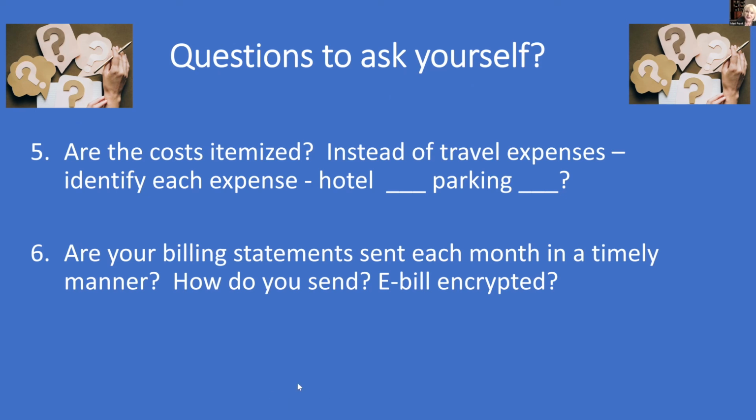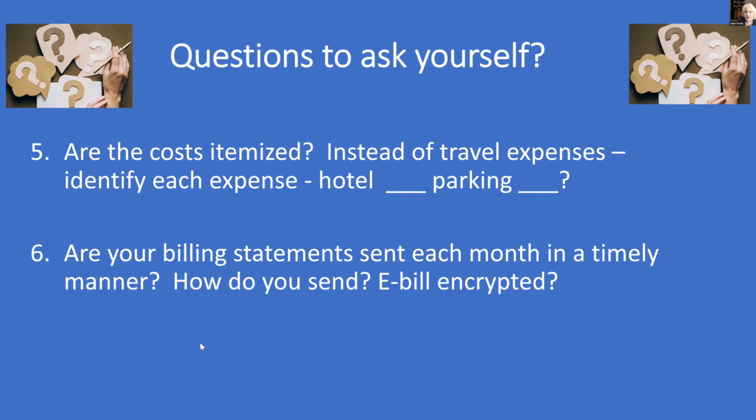And if you're sending the billing statement by email, electronically, remember, this is a confidential communication, so you should be encrypting it and give the password to your client. So for every client, they get their own separate password for what we're sending them that is confidential or for their billing statement.